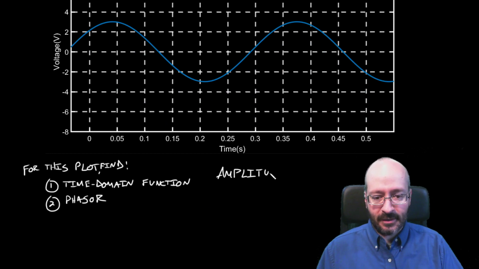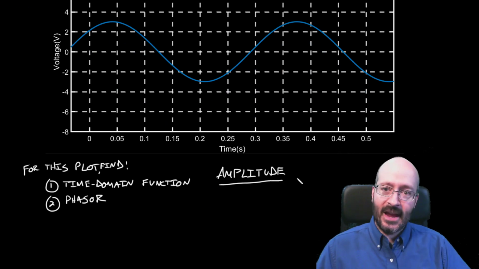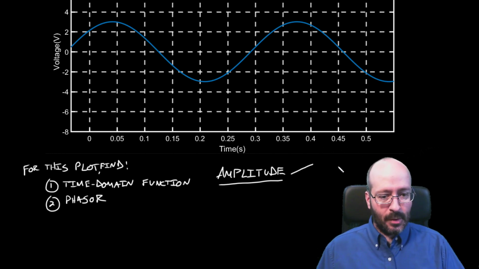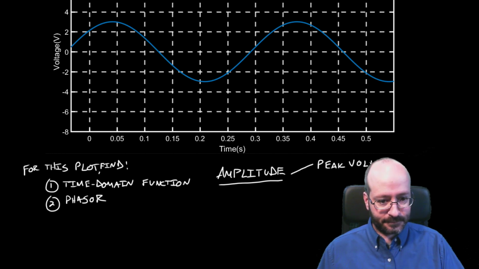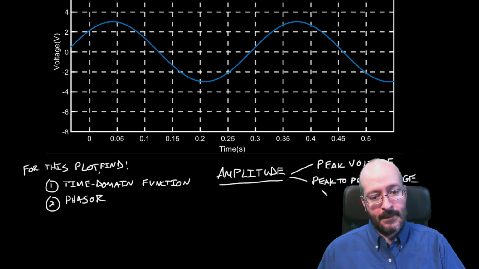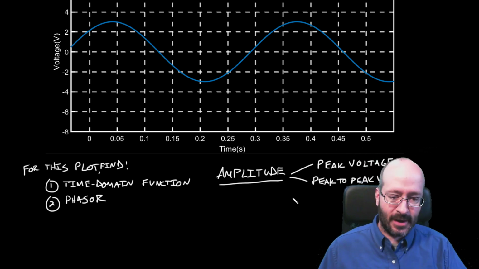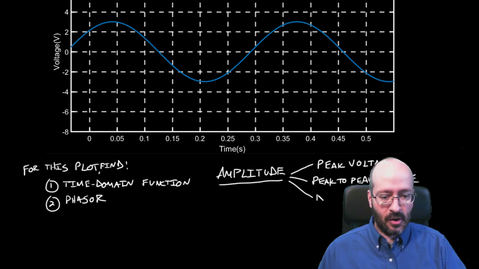Amplitude can be expressed in a handful of different ways. We've really only talked about one, and I didn't make it explicit, but we can talk about amplitude as a peak voltage. We can talk about amplitude as a peak-to-peak voltage. And then one that we're not going to cover in this video, but I want to include it here so that I'm complete, is something called the RMS voltage, also known as the effective voltage.